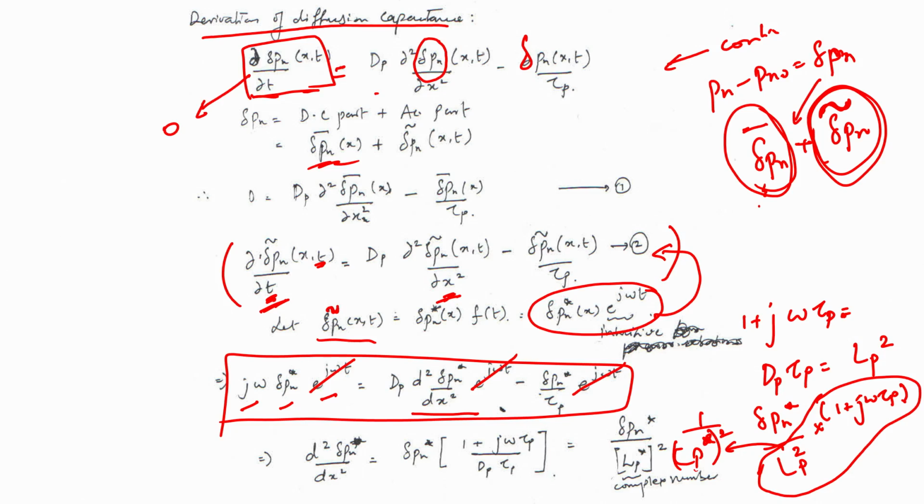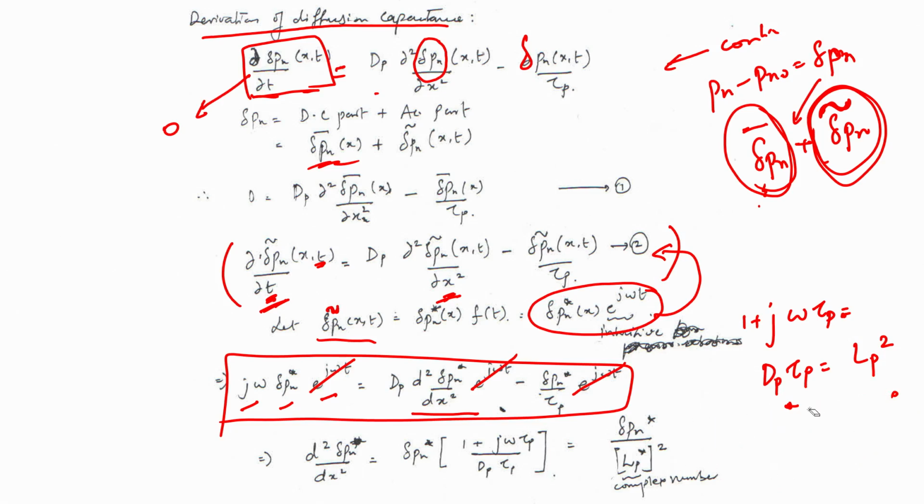We are doing it in order to get a differential equation that is very familiar, which is d square delta Pn by dx square is equal to delta Pn star by Lp star square. Lp star is a complex number; it is in fact the square root of this particular term.